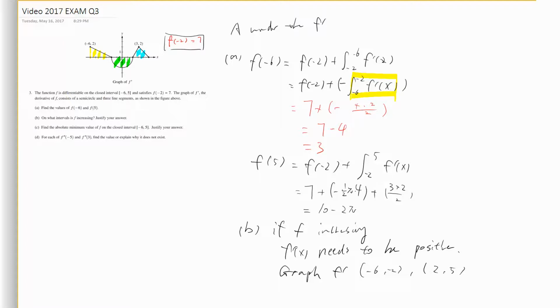Therefore, f of x is increasing on those intervals.